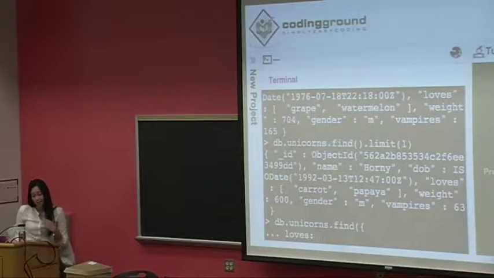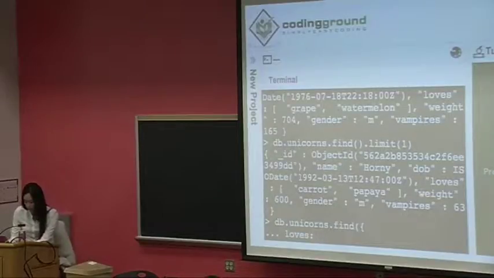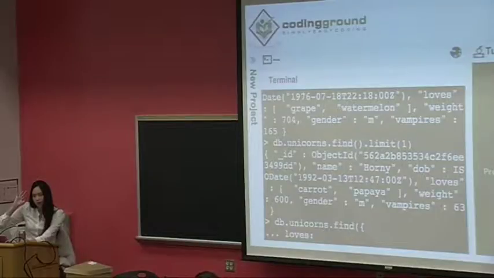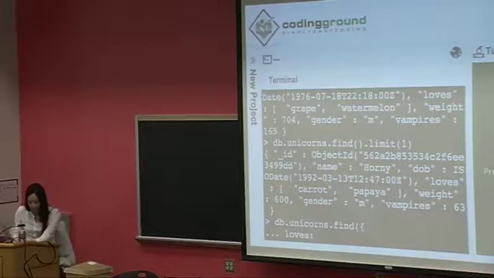Because it's either apple or orange, you're saying the thing the unicorn loves is in a set, and the set has apple and orange. So you say it will be in, this is a set operator, a set of apple and orange.